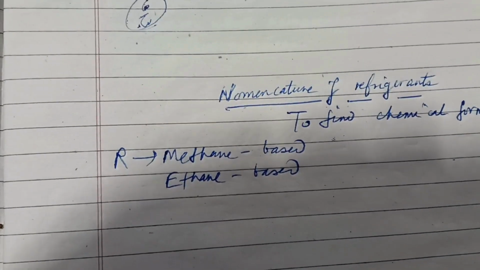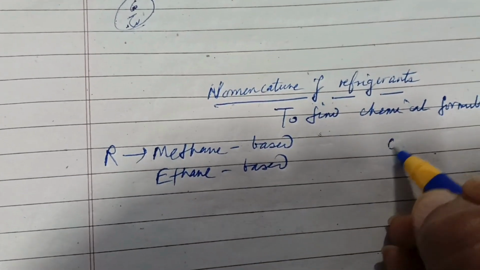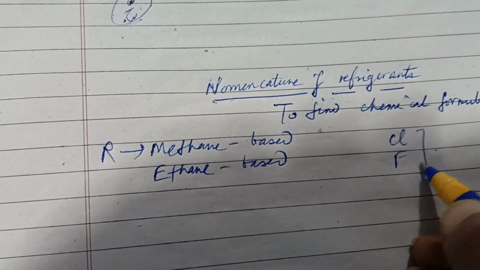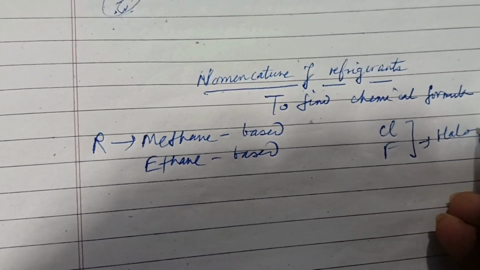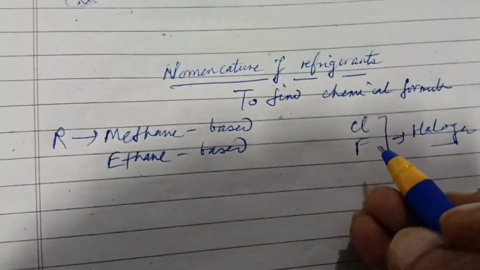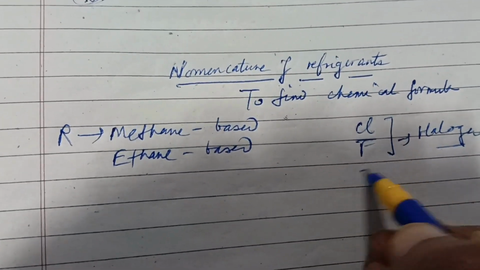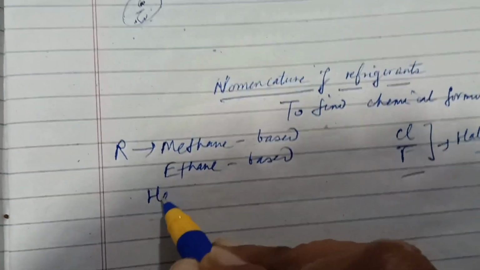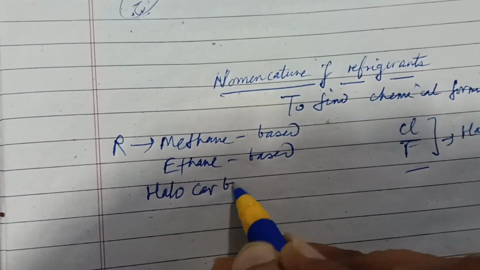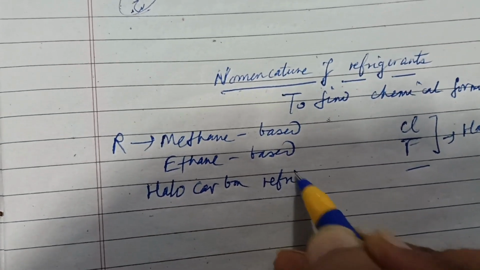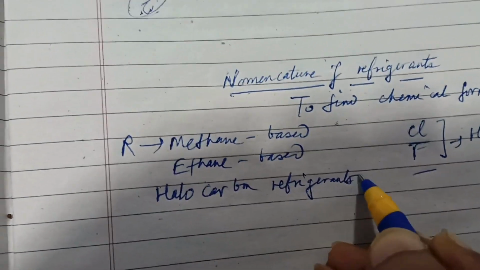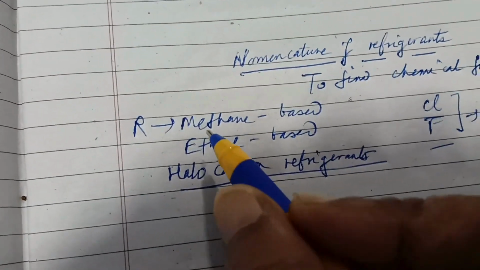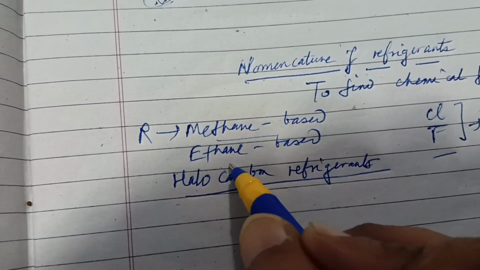Because these are halocarbon refrigerants. Halo means chlorine or fluorine, which belong to the halogens, and we often see chlorine and fluorine in refrigerants. That is why they are known as halocarbon refrigerants, and they are further classed into either methane based or ethane based.